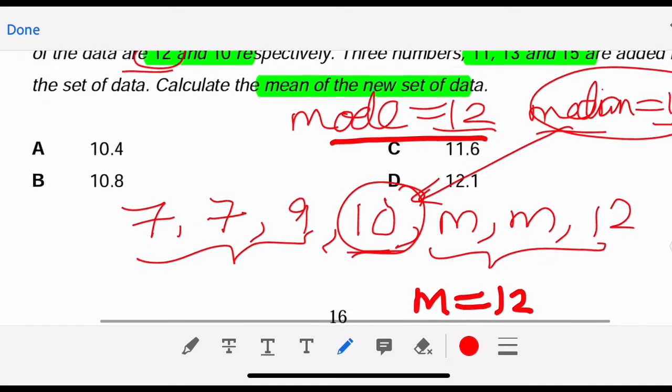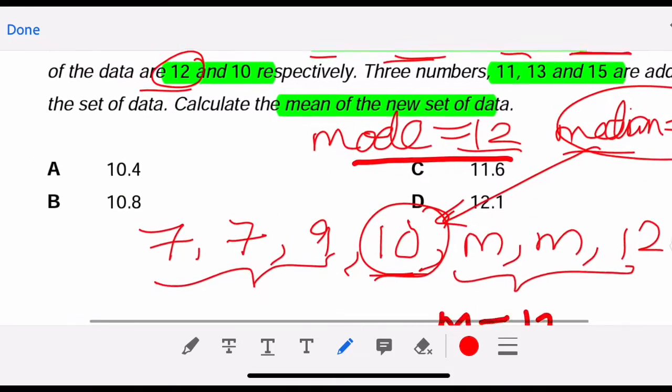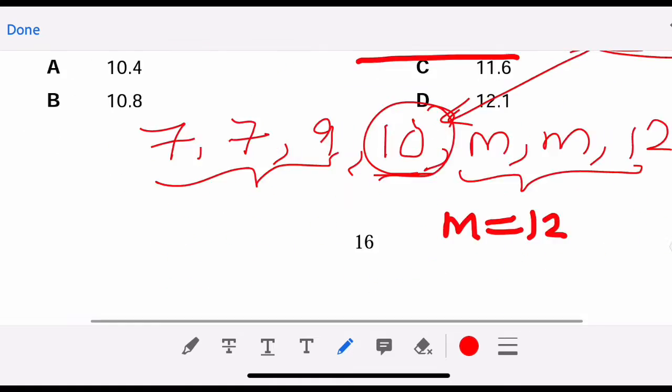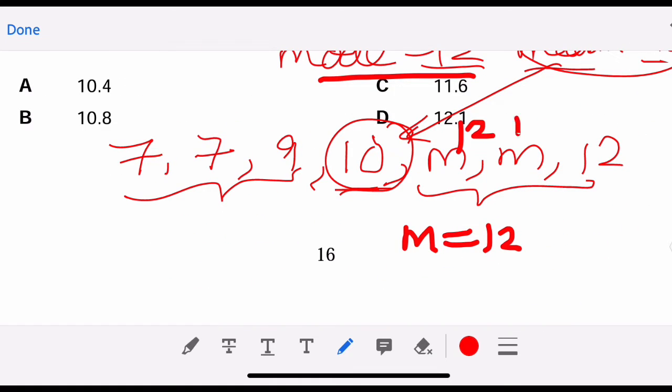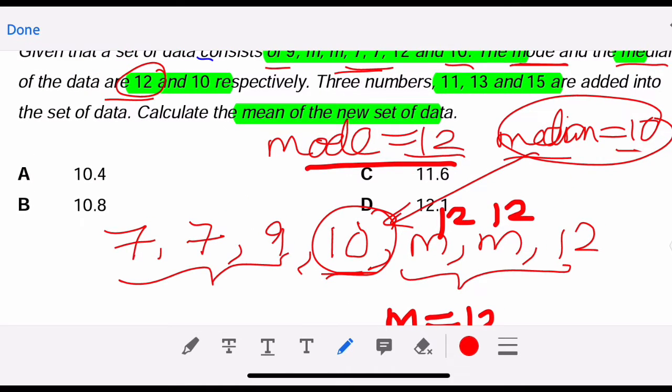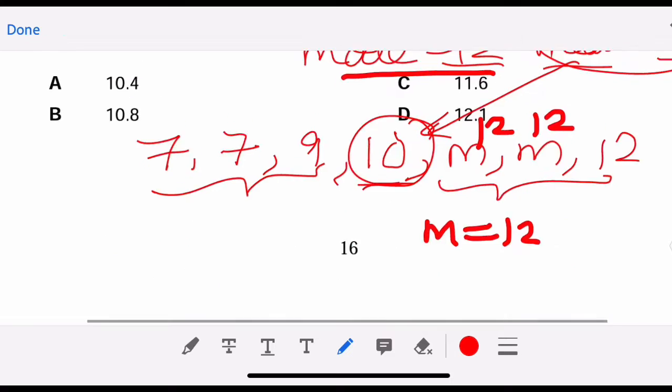Alright, so let's proceed. Calculate the mean. Since we know this is 12, then we add in another 3 numbers, 11, 13 and 15.